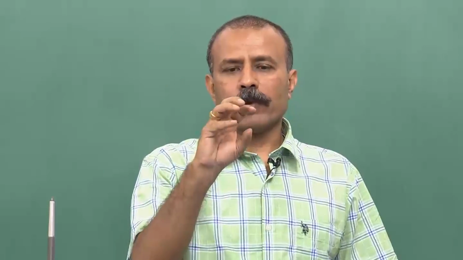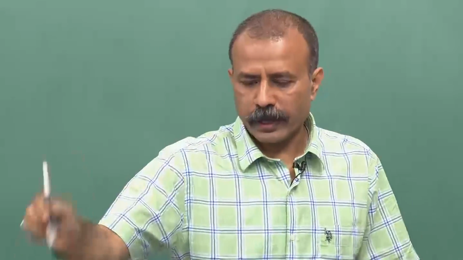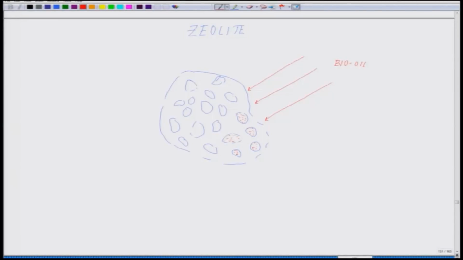It is a strategy which is also followed when people do reverse micelle synthesis. When they make nanoparticles, they try to make micellar structures. It is just an analogy I am using for you. Micelles are basically hydrophobic structures.